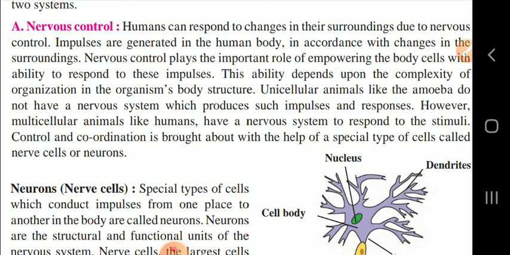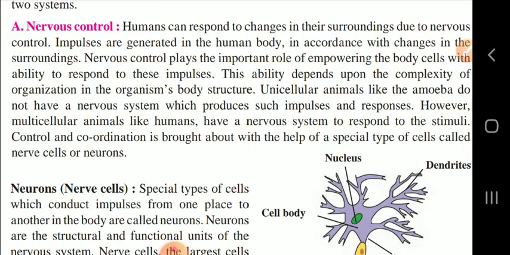The impulses are generated in the human body according to the change in the surroundings. This nervous system or nervous control plays a very important role in our body cells, with the ability to respond to these impulses.